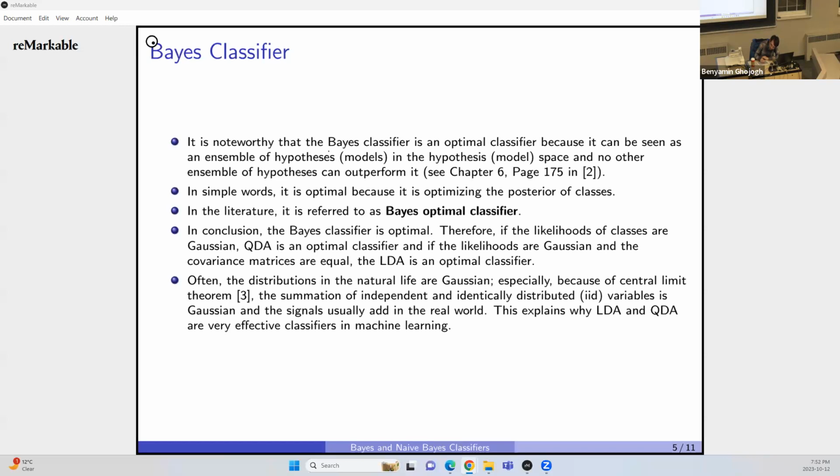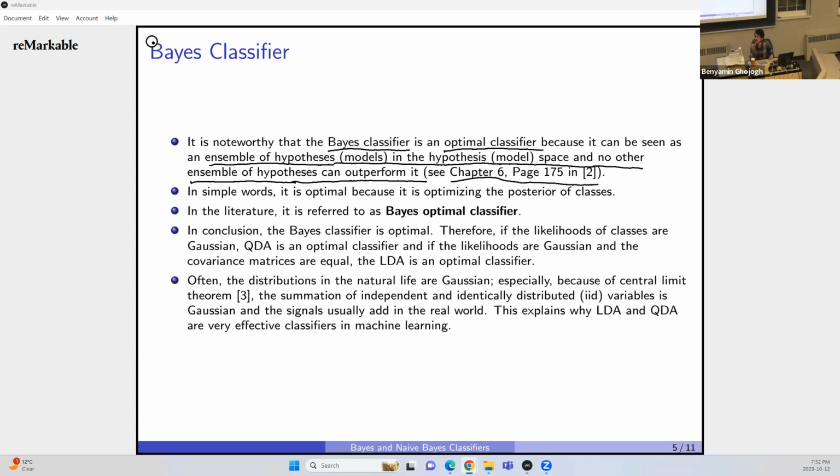The Bayes classifier, as I told you, is an optimal classifier. Because it can be seen as an ensemble of hypotheses, models in the hypothesis space, and no other ensemble of hypotheses can outperform it. For a theoretical proof, see chapter 6 in this book. However, I think you don't need that.